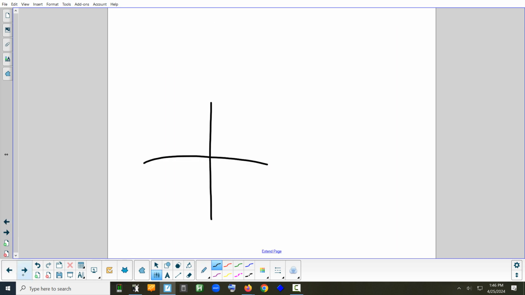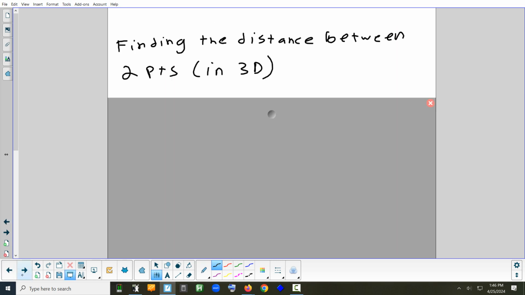When we write coordinates in 3D, we need an x value, a y value, and then a value for the third axis, so we need a z value. For each formula, I'm going to put up the 2D version that we've already learned, and then I'll put the 3D version after.